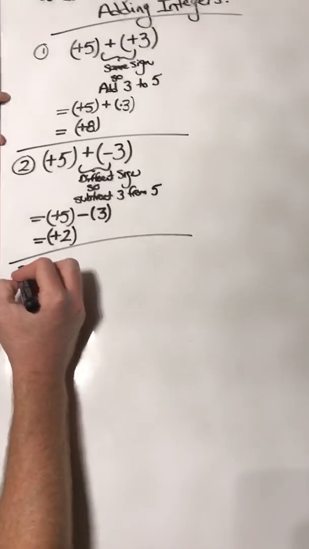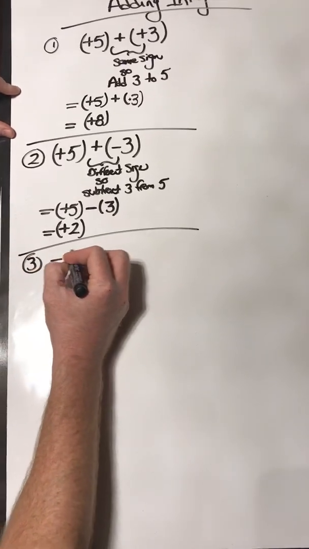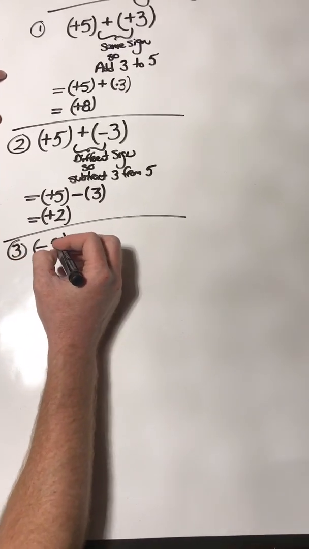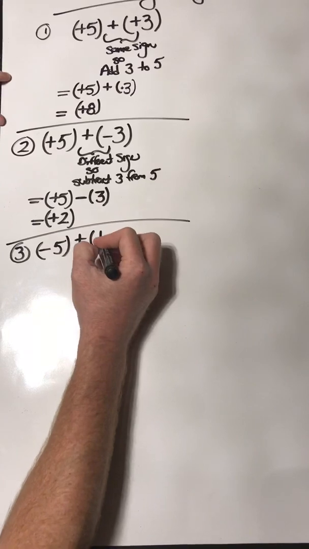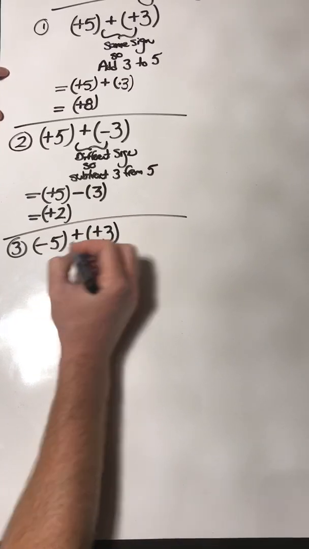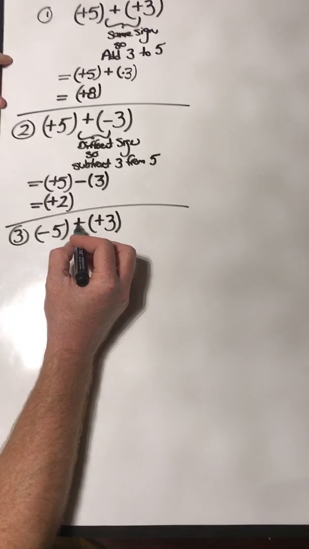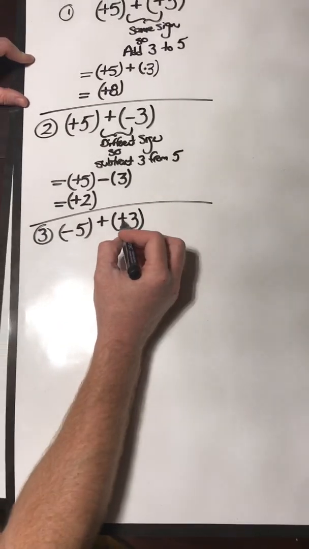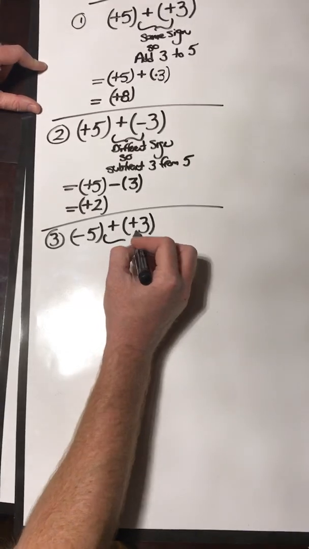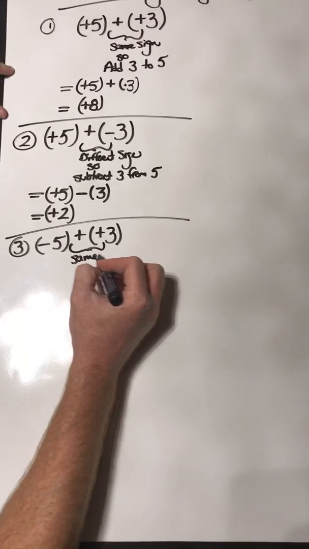The next one, negative 5 plus positive 3. Again, we look at this, there's the addition sign, so a plus there, a positive 3, so a plus there, so we have the same sign.